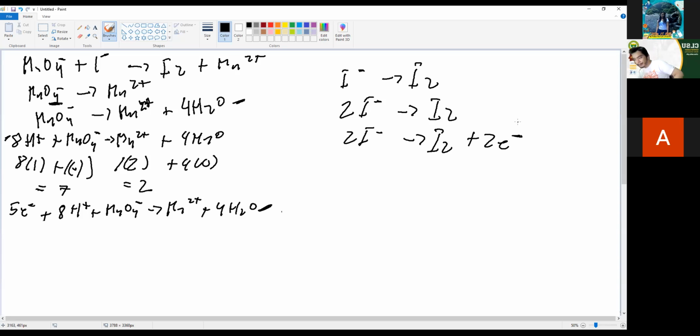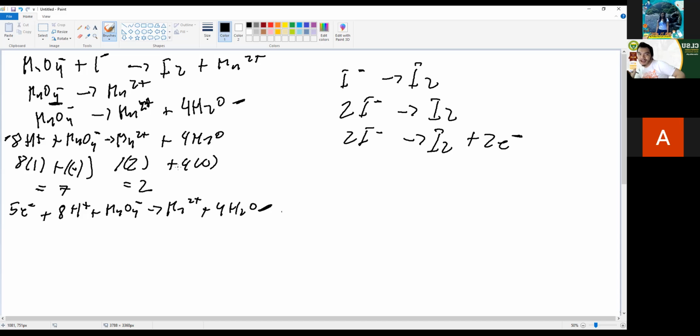So, yun din yung trend. Kapag sa isang half reaction, di ba dito sa manganese half reaction, sa left side ka naglagay ng electrons, dapat more or less, yung kabilang half reaction sa kabilang side. So, kaya ako nalamang mali kasi parehas sa left side ako naglagay ng electrons. Yun. So, baliktaran sila dapat.